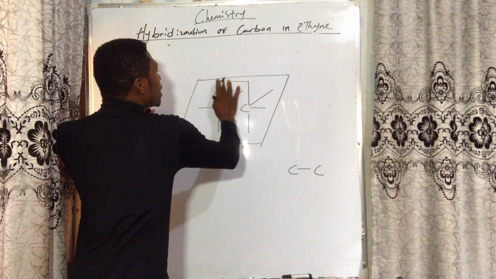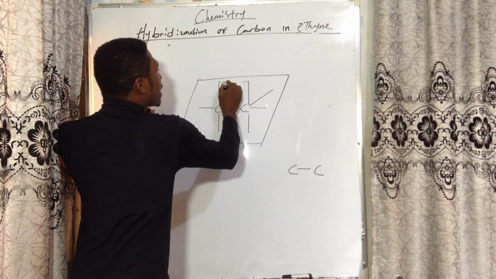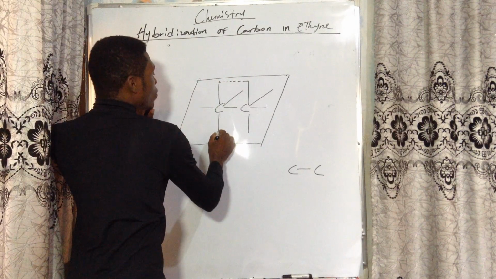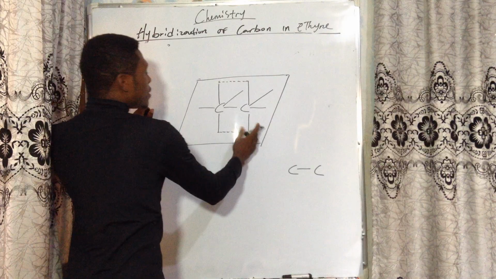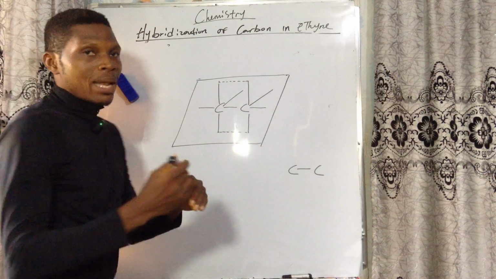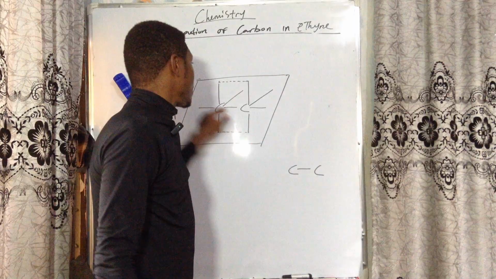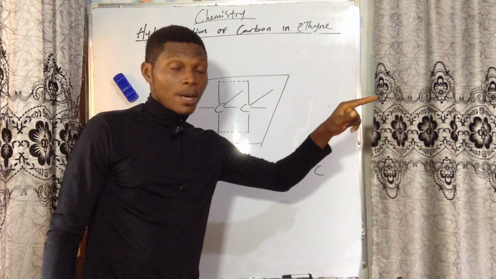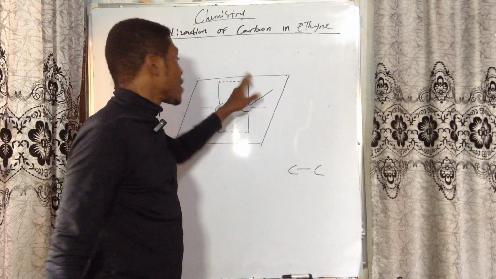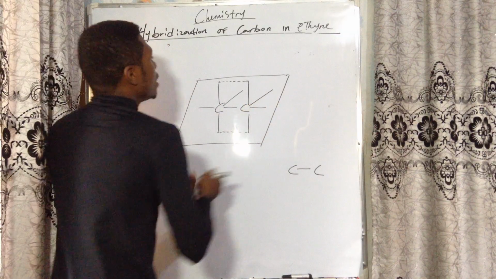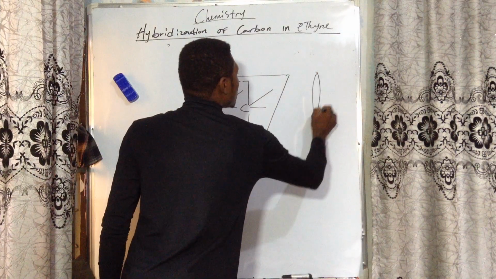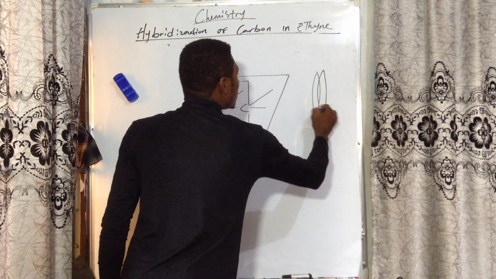It will be represented with a dotted line, showing that it is a weak bond. It is a collateral overlapping, a side bond. Collinear overlapping is along the axis of the hybrid orbital, while this one is collateral.